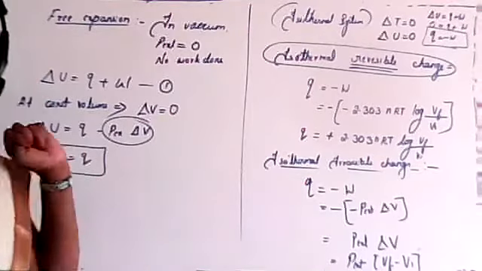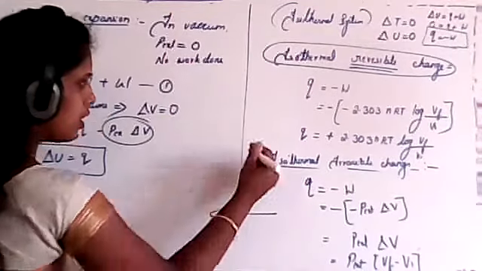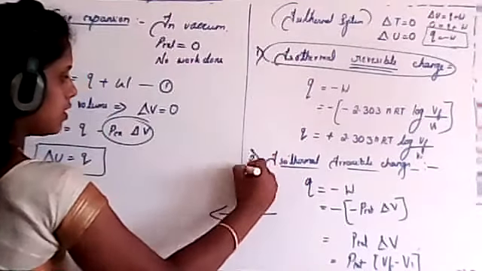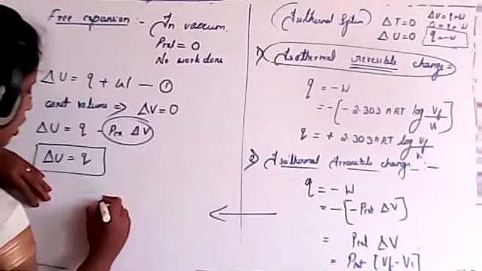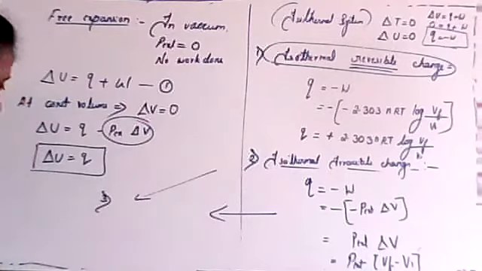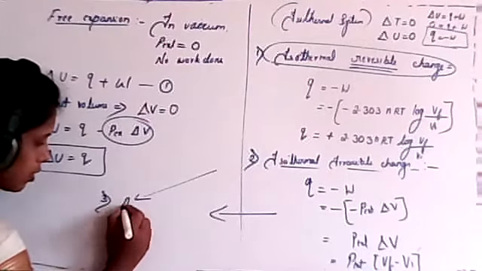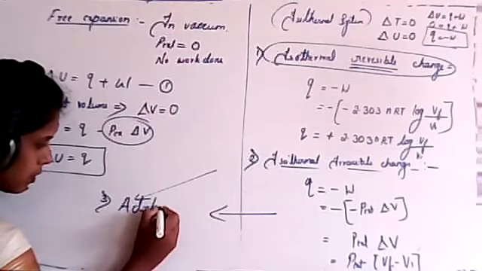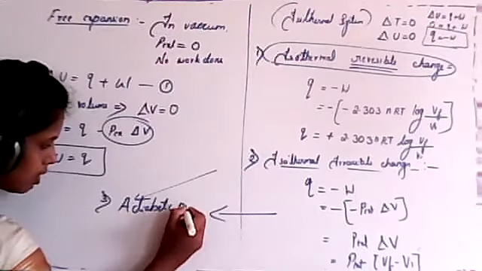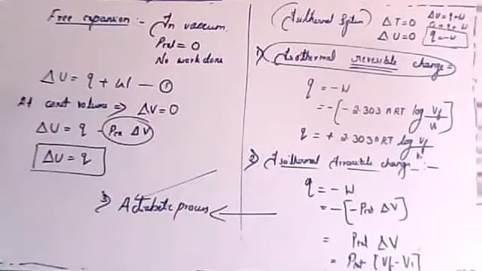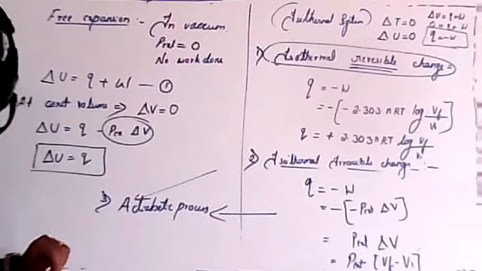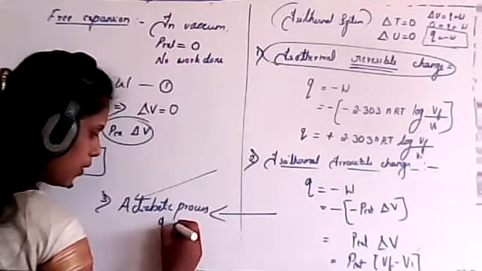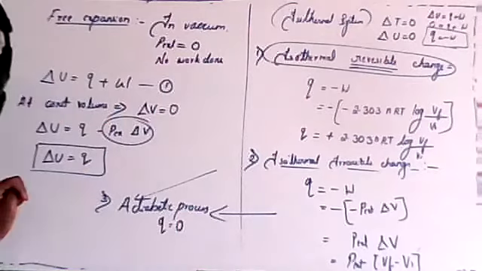And the last one, this is the first one, this is the second one, and the third one I'll consider is the adiabatic process. For the adiabatic process, what will be the expression for the first law? Yes, Q equals 0 in an adiabatic process.